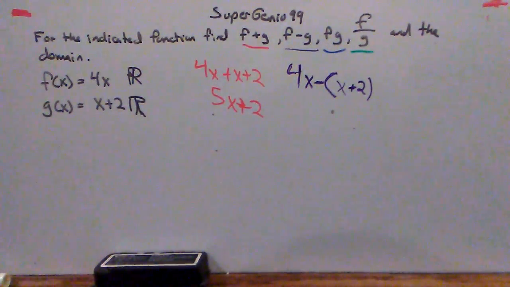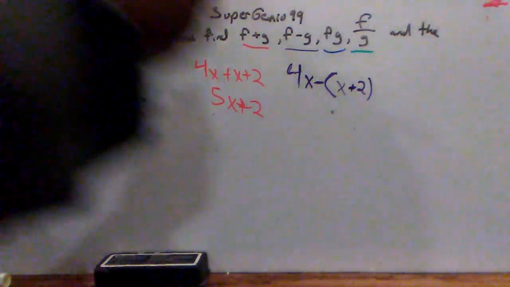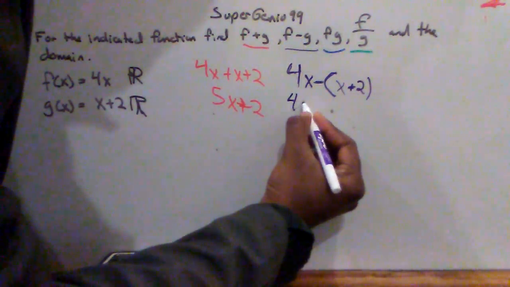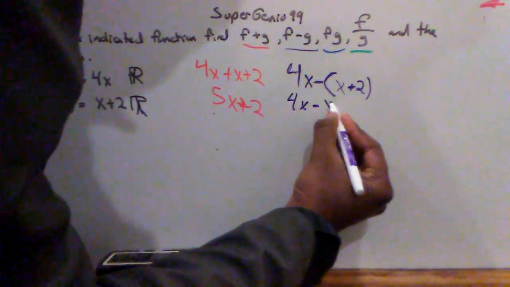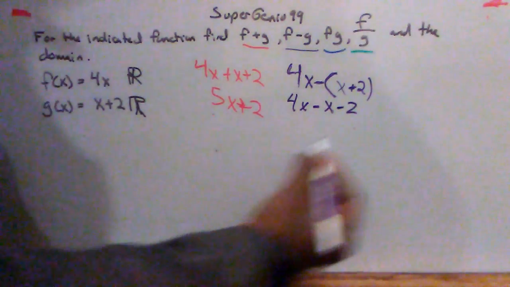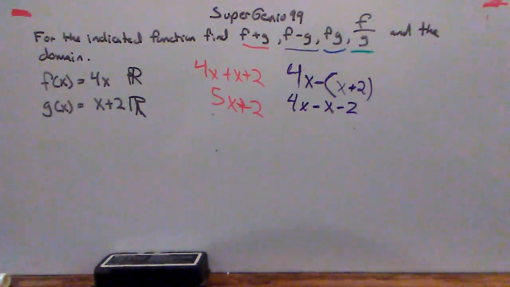Okay, so that's 4x minus x plus 2. Okay. And then distribute the negative, so it becomes 4x minus x minus 2. Combine like terms. What's 4x minus x?